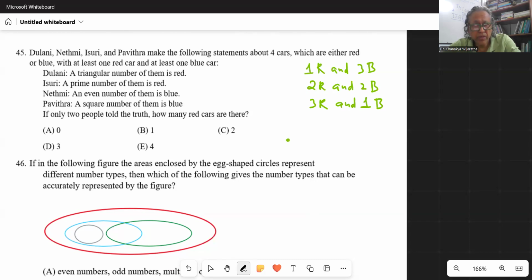One is obviously a triangle, and 3. So here, we take 3 dots, and here we have a triangle. So Dulani says that 1 or 3 are red, right? And then she still says that the prime number of them is red. So that means 2 or 3 are red.